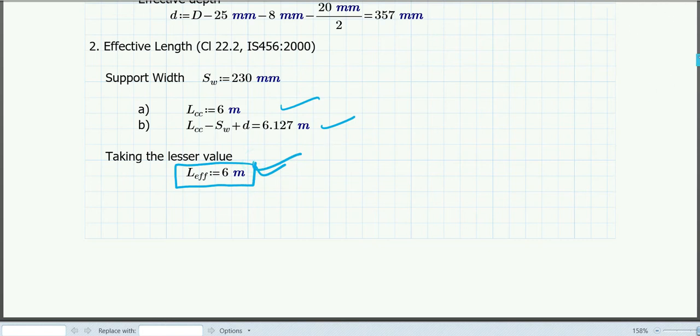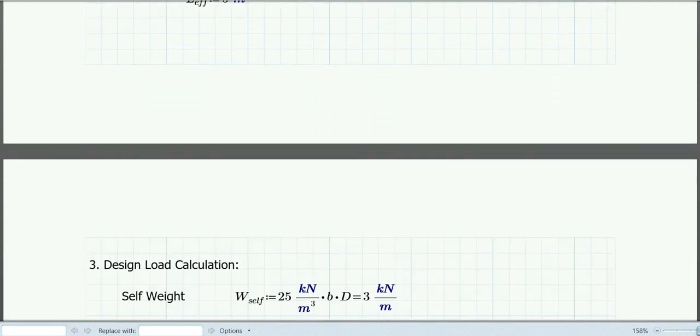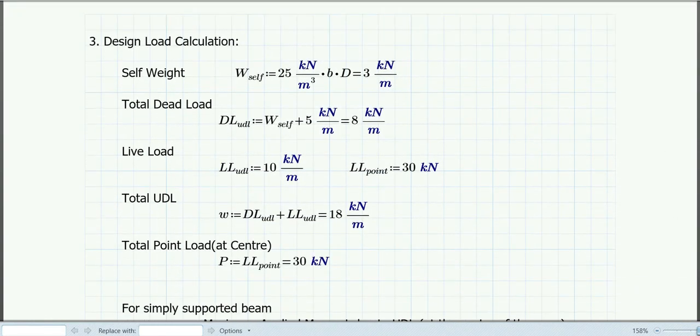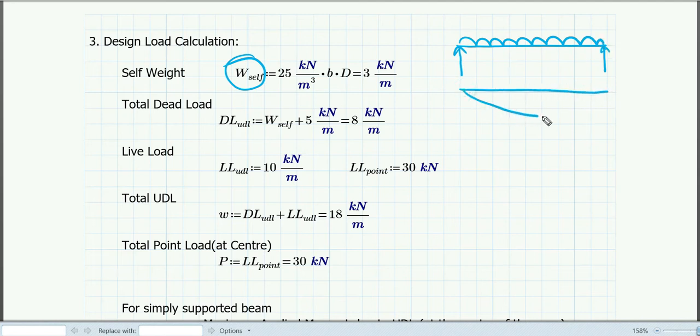Okay, now let us go to the next page, load calculation. So here it is similar to that of a singly reinforced beam. We have a self weight. In the previous question that we solved for the singly reinforced beam, we had only UDL, right? So for UDL, the bending moment diagram is simply a parabolic distribution, with the maximum value WL square by 8, if L is the length of the beam.